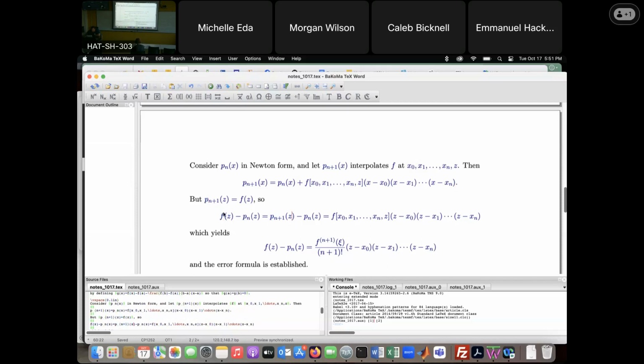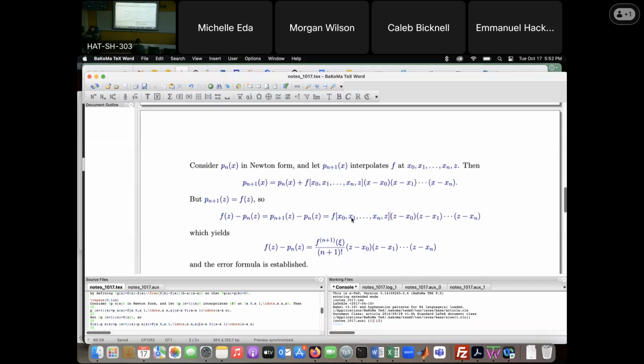So now the difference between my function f and my polynomial is also the difference between two consecutive interpolated polynomials. But what is that? That's equal to the divided difference times all these linear factors.